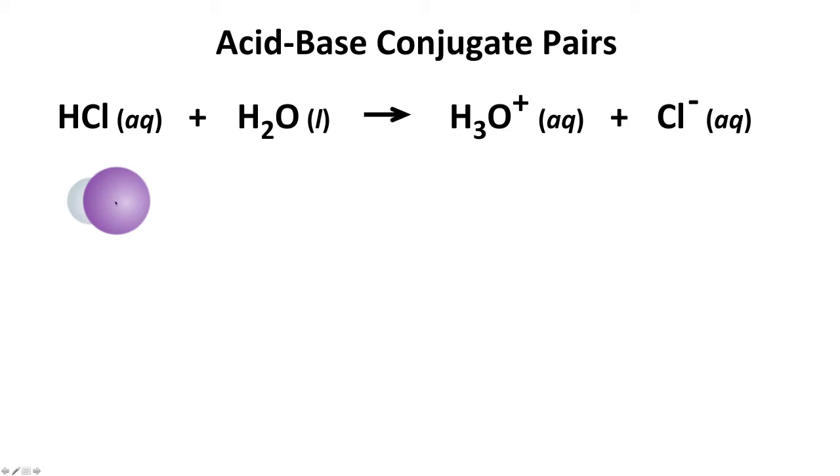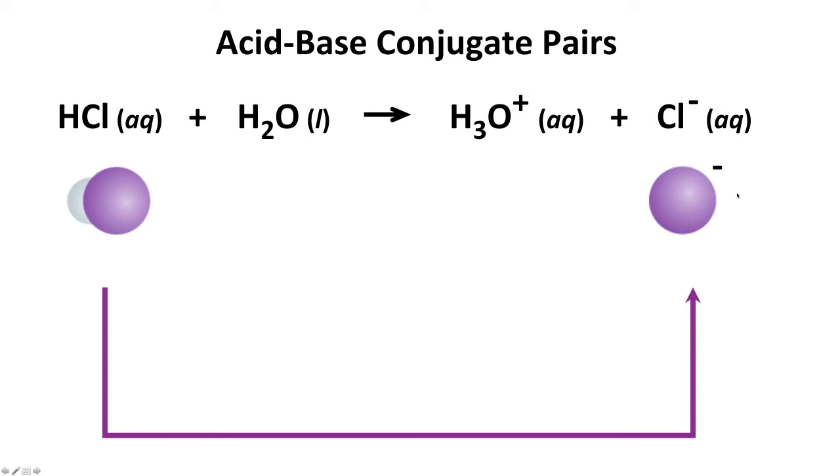It's a gas normally. We dissolve it in water. What happens is the H and the Cl break apart, and one thing that's produced is a Cl-, a chloride ion. Now, notice that the HCl and the Cl- only differ by an H+. The HCl is an acid because it donates an H+.